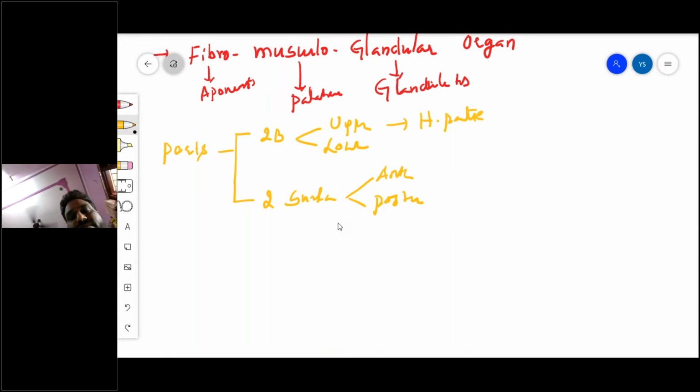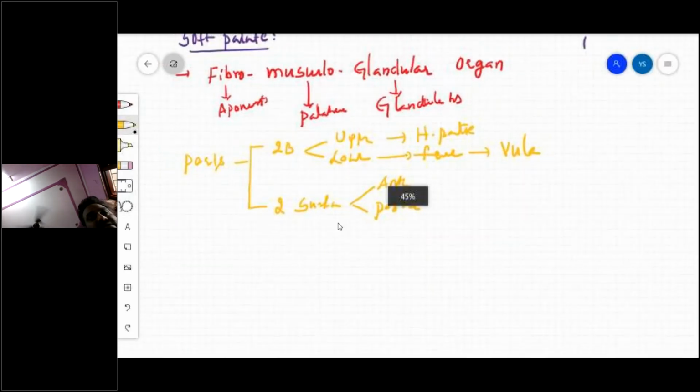The lower border is free, and in the middle it has a downward projection called the uvula. Then the anterior and posterior surfaces. This is about the parts.